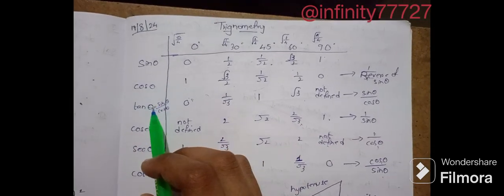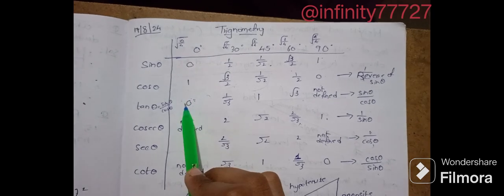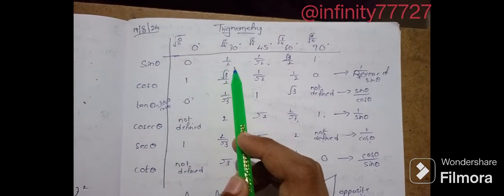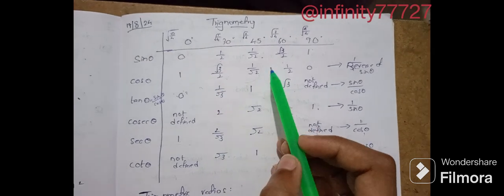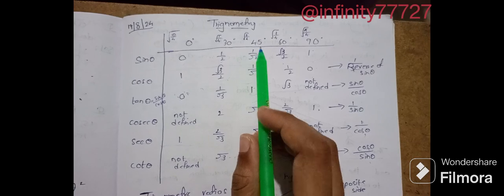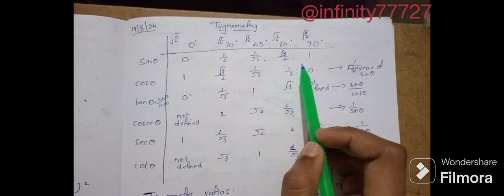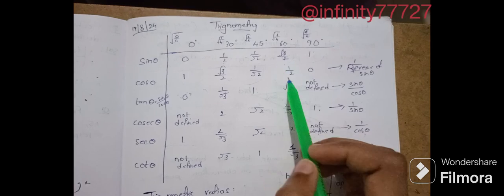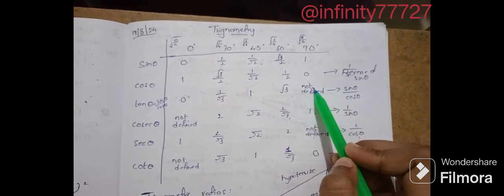So here the tan 0 value will be sin theta by cos theta, that is 0 by 1, value is 0. And 1 by 2 divided by root 3 by 2, 2 gets cancelled and it is 1 by root 3 here. Coming to here, root 2 gets cancelled, the value will be 1. Tan 45 is 1. Next, coming to here, root 3 by 2 divided by 1 by 2, 2 gets cancelled, root 3 will be remained. Here 1 by 0 is not defined.